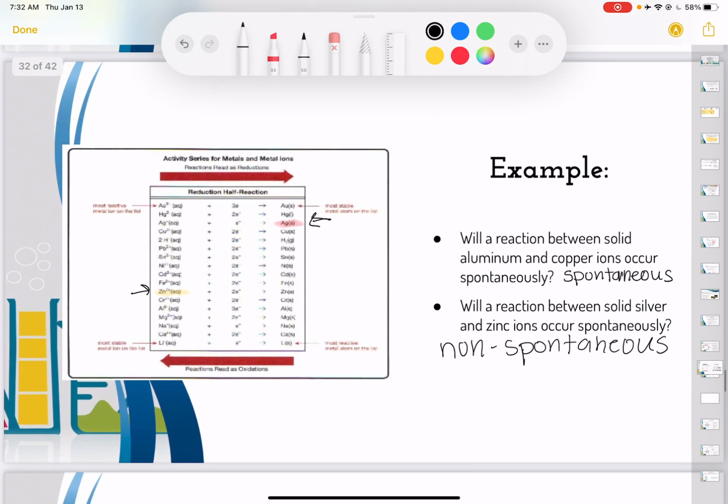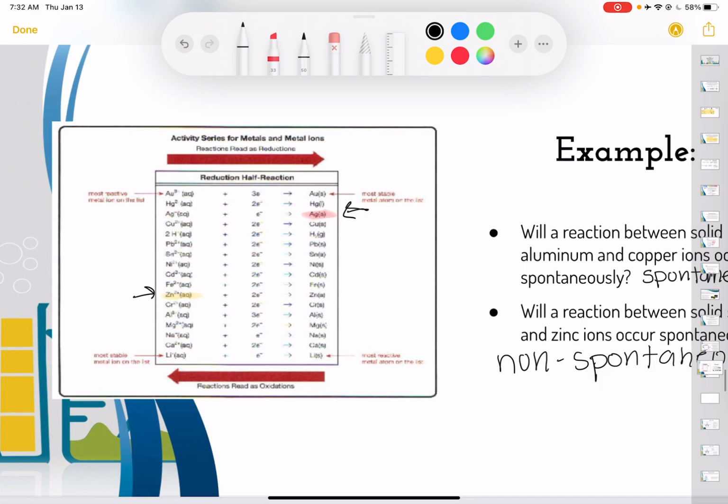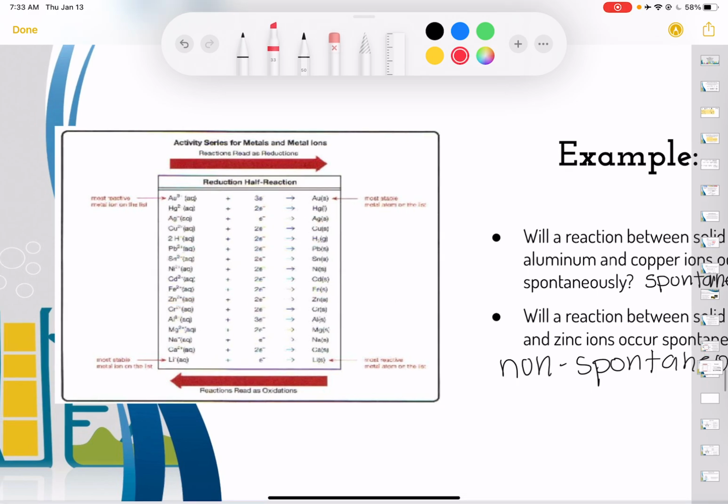So let's go to this. Silver ion and gold solid. So the solid there is gold, which is higher up than the ion.